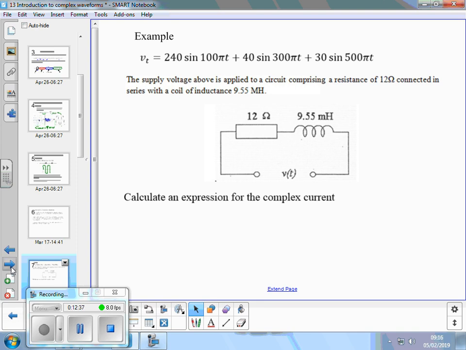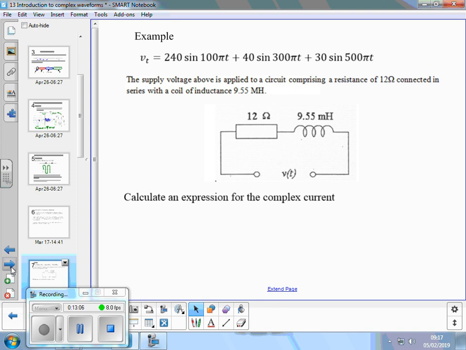So, example. We've got a voltage 240 sine 100 pi t, so that's the fundamental, plus 40 sine 300 pi t, a third harmonic, because the frequency is 3 times, plus 30 sine 500 pi t, a fifth harmonic.